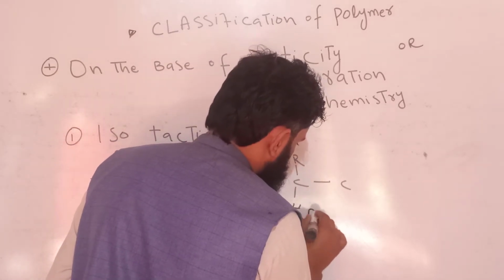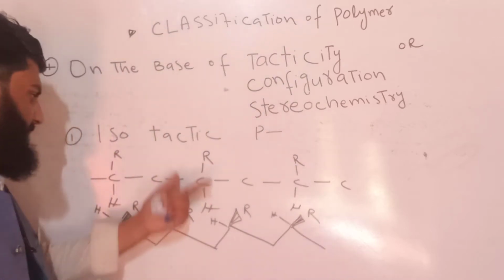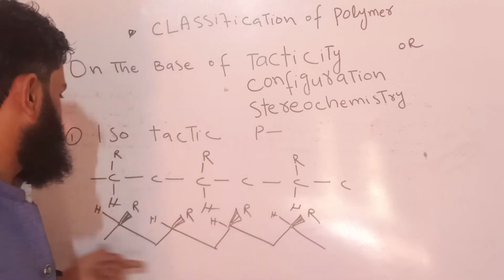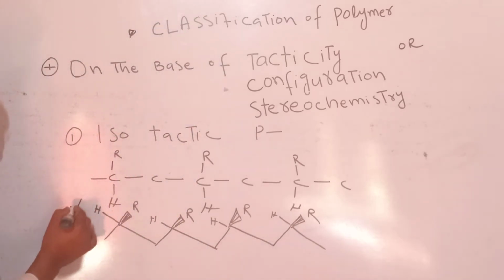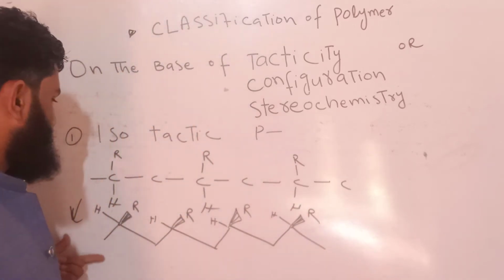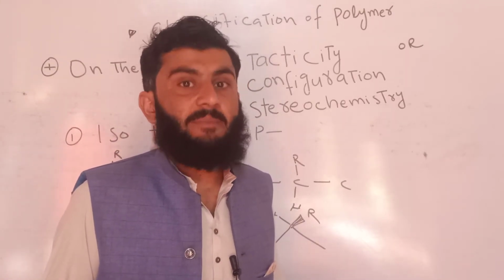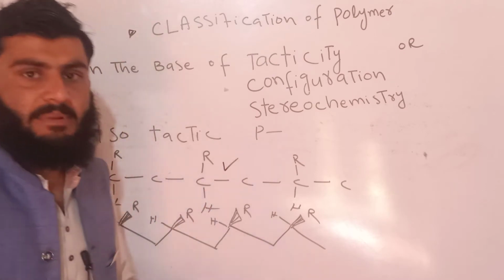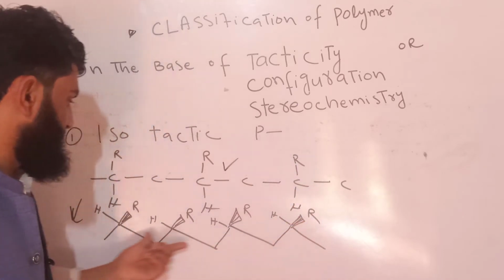Clear? You can represent it in any way, but this will be the most accurate representation of isotactic polymer, because such a method can represent the three-dimensional structure. The other is just like a planar structure, and this actually shows the three-dimensional structure.